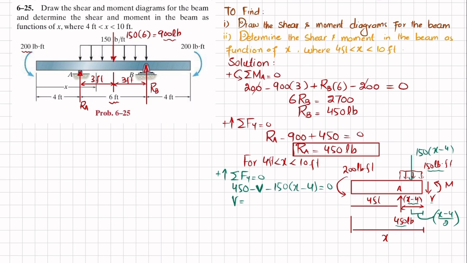When you solve this, you will get 400 minus V minus 150x plus 600, so that gives you V equal to 1000 minus 150x. This is the equation of shear force for the region x greater than 4 feet and less than 10 feet.